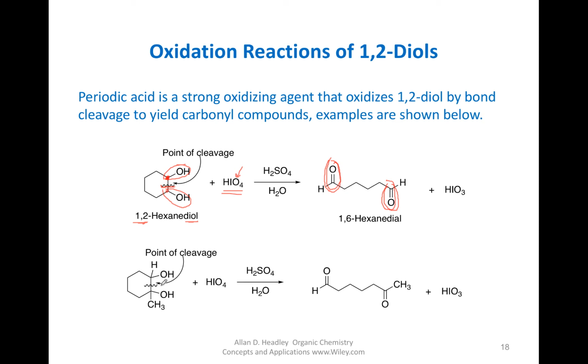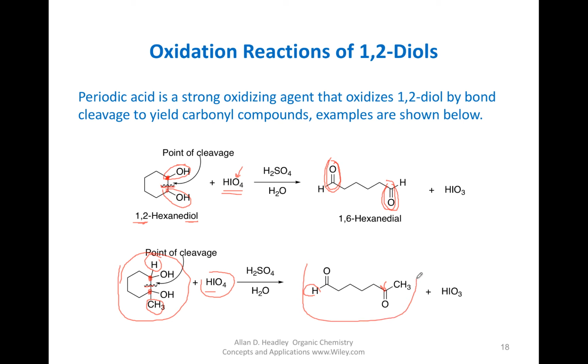So here's another example. This time we break this bond with periodic acid, but notice this carbon here is different from this carbon because this has a methyl group. So here is this carbon, and this carbon has a hydrogen, and here it is. So if you had this molecule as an unknown, for example, one practical application of this reaction is that you subject it to periodic acid.